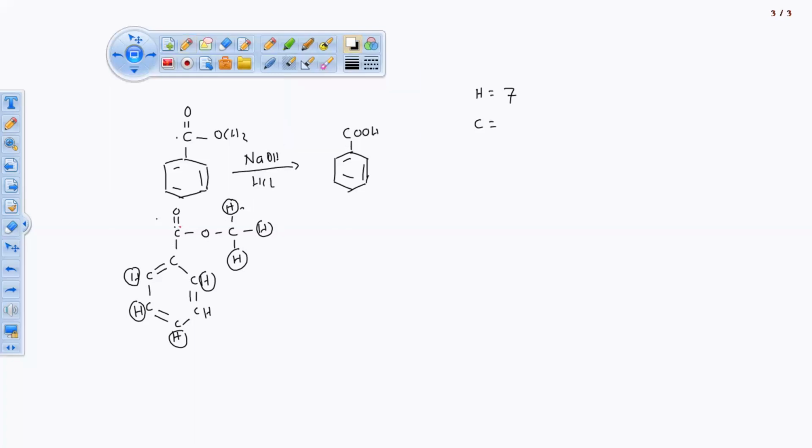How many carbon atoms are there? 1, 2, 3, 4, 5, 6, 7, 8. How many carbon atoms now? We are having 8 carbon atoms.